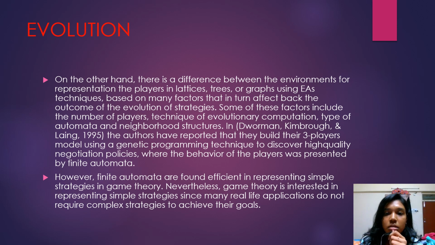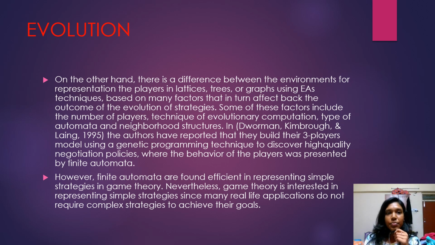In Dworman, Kimbrough, and Laing 1995, the authors built their three players model using a genetic programming technique to discover high quality negotiation policies where the behavior of the players was represented by a finite automata. However, finite automata are found efficient in representing simple strategies in game theory. Nevertheless, game theory is interested in representing simple strategies since many real-life applications do not require complex strategies to achieve their goals.